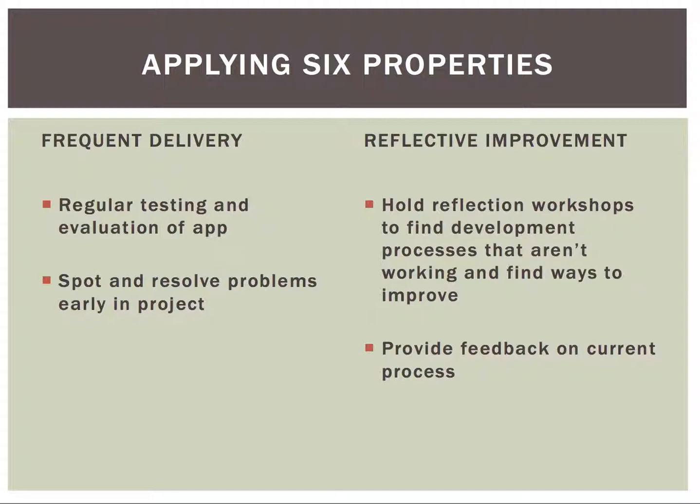If they find an error or a bug or find something that they really don't like or like about it, we want to implement those ideas and solve those problems early in the project. Also, we want to make sure that through the development process we find ways to improve, making sure that we're not just settling for something because it's a little bit easier, and just getting feedback throughout the process.